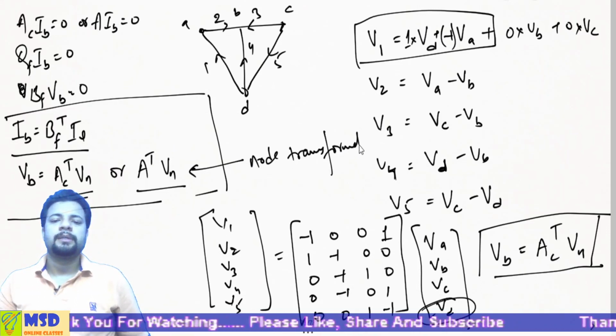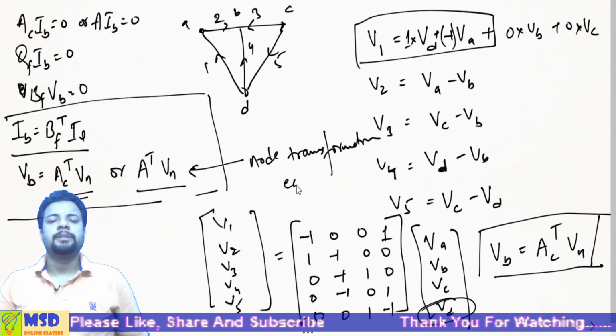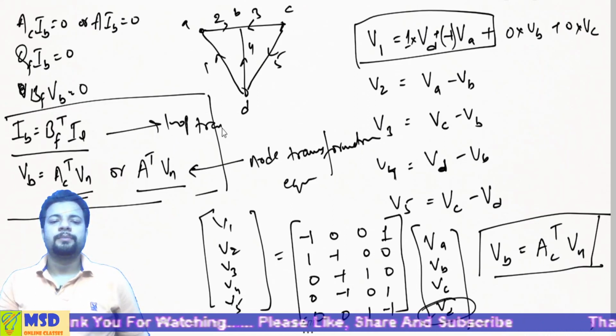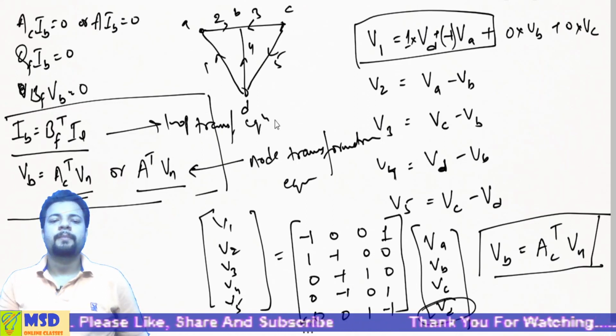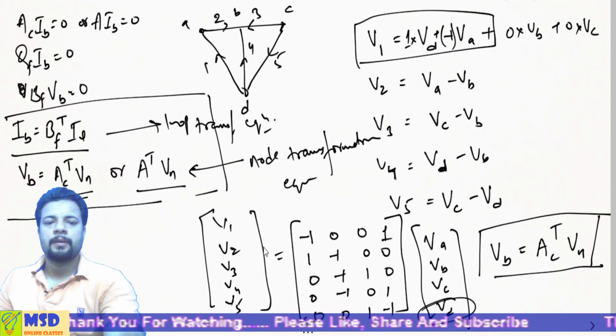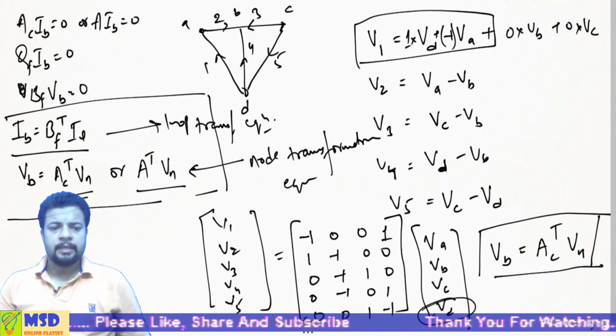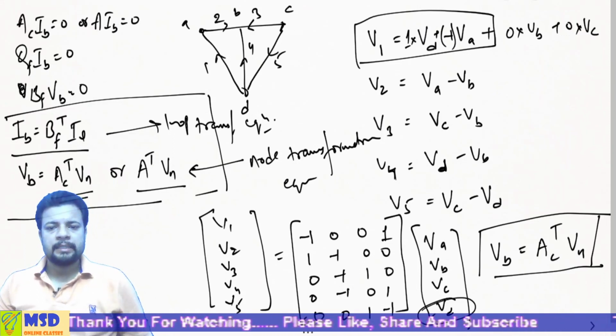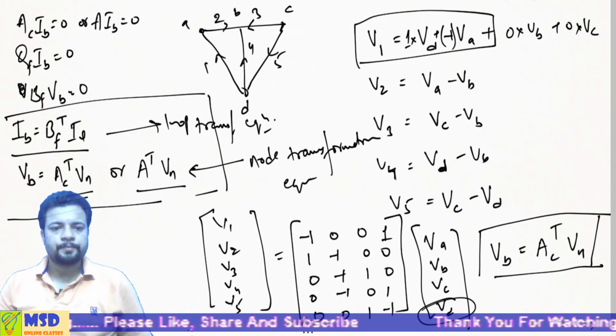It is termed the node transformation equation, and this as the loop transformation equation. I hope I'm clear, and this is all for today's session.